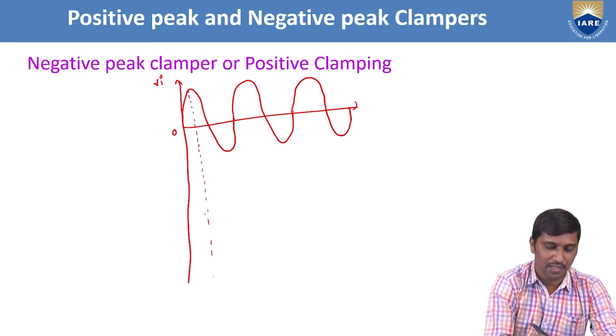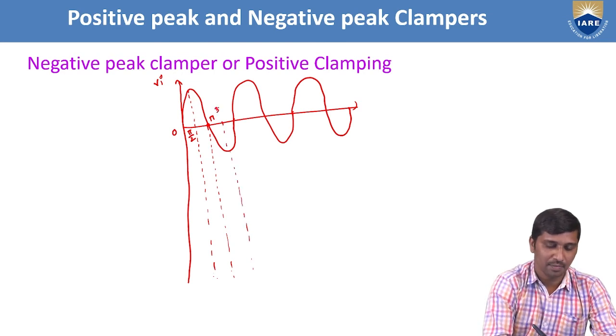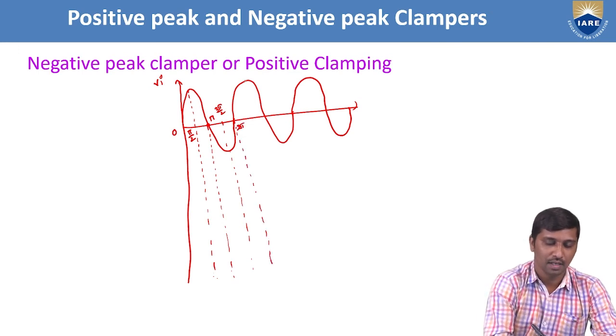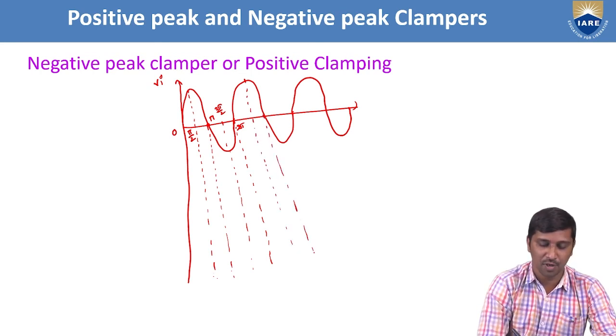This duration is represented as pi by 2, this duration is represented as pi, this duration is represented as 3 pi by 2, and this duration is represented as 2 pi, and again the periodic waveform continues.